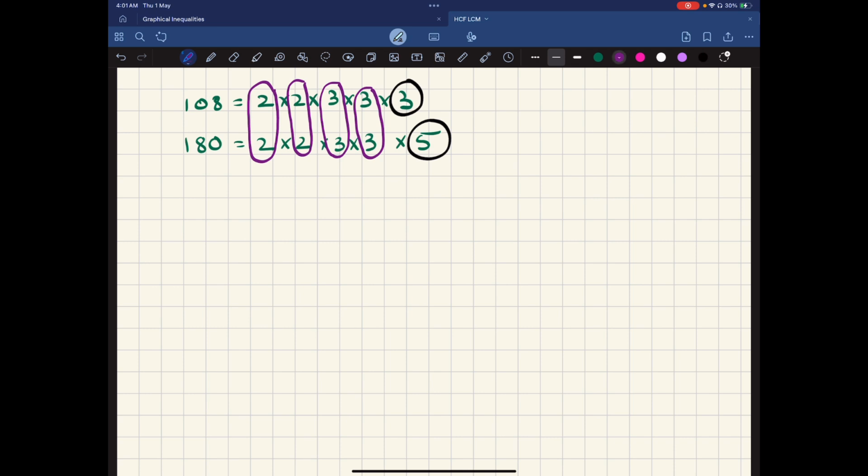Now the general rule is that HCF is loops only, while LCM is loops plus hoops.